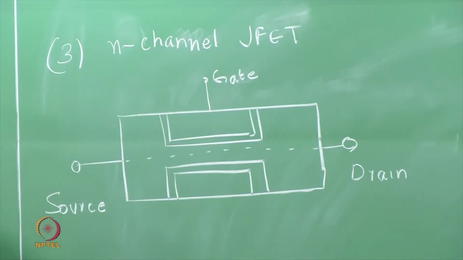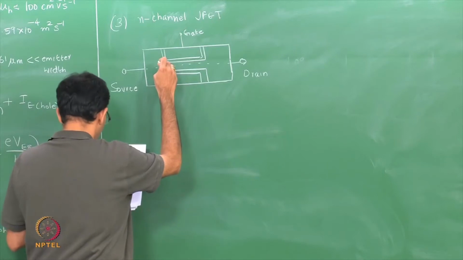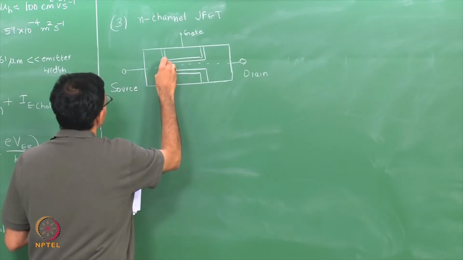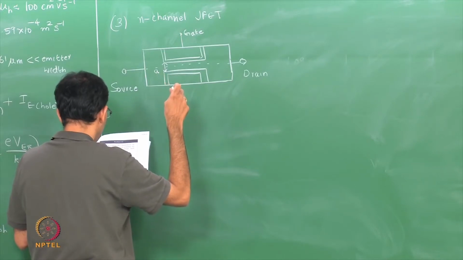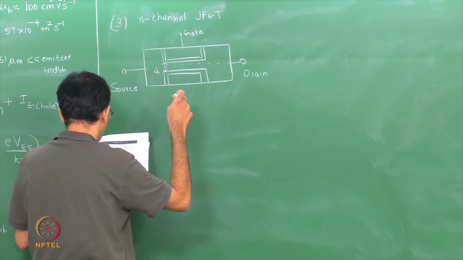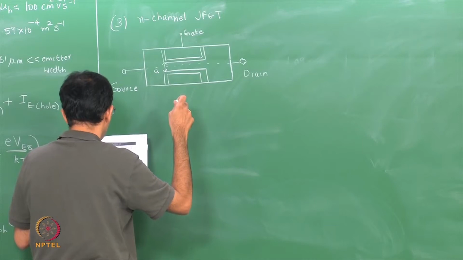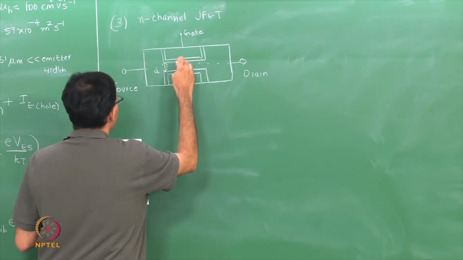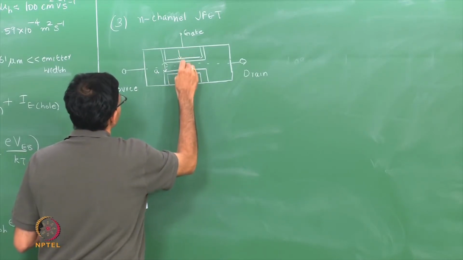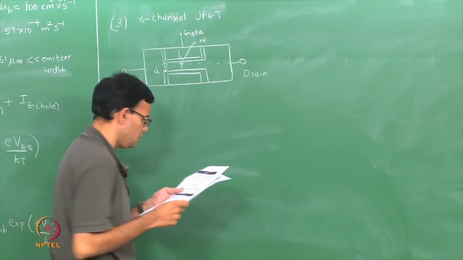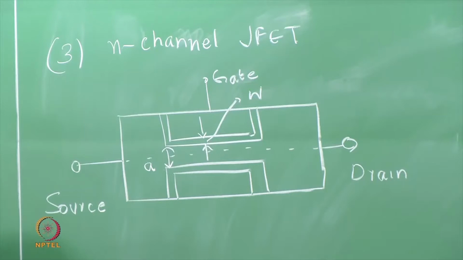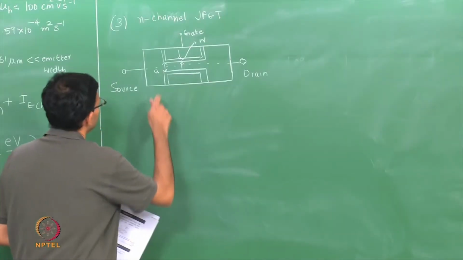the source, the total width of the channel is essentially A. So, this is A, and you also have a certain width of the depletion region. So, that this is W, so the channel depth is 2A.